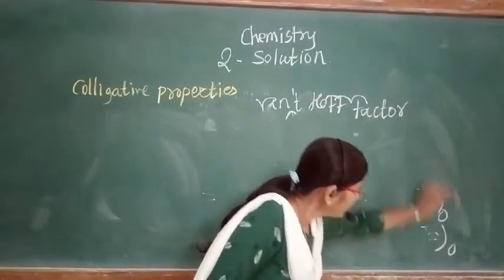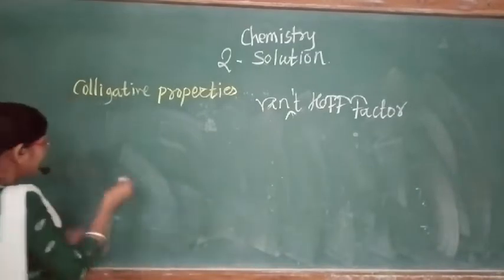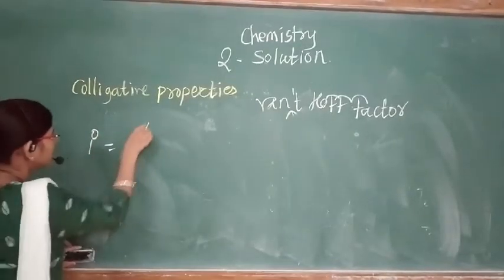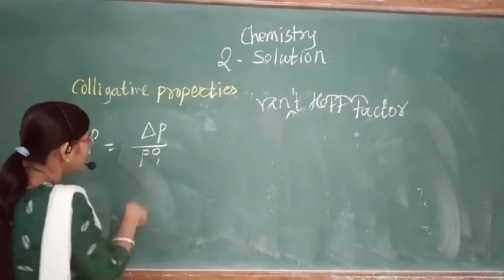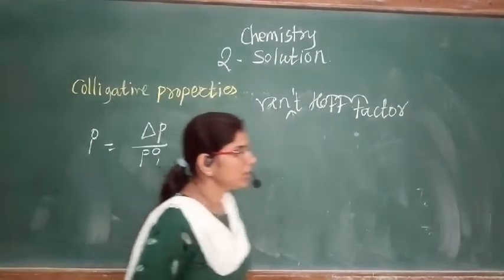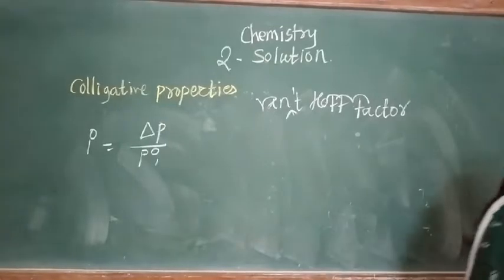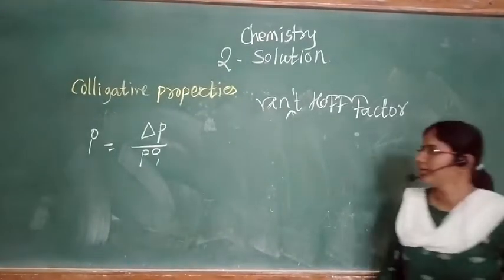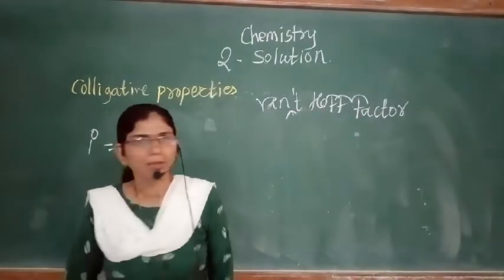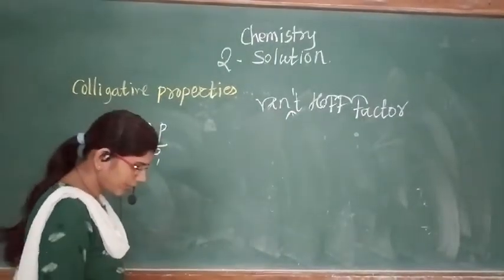So in one sentence, i is equal to delta P upon P naught 1, the lowering of vapor pressure.